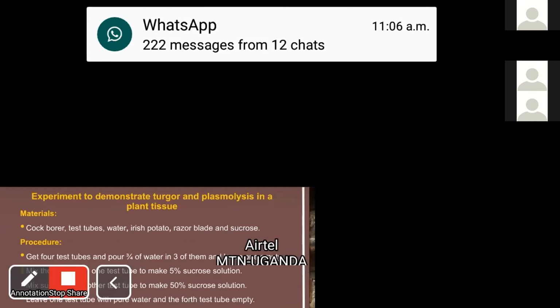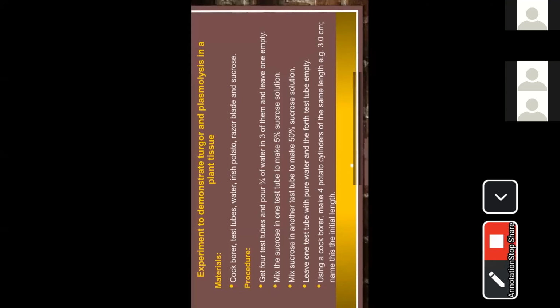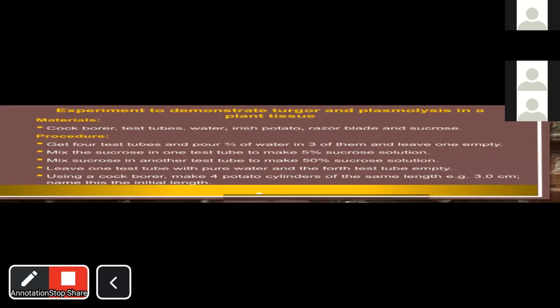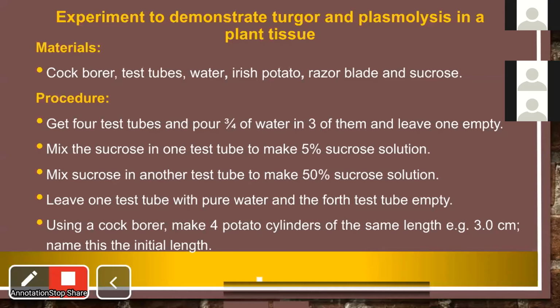So hypotonic solution is that which has a lower concentration as compared to that inside the tissue that you've placed in it. And then the reverse is true for hypertonic. Hyper is higher, hypo is lower. Hypertonic solution is that whose concentration is higher than that found inside the tissue which is placed in that solution.